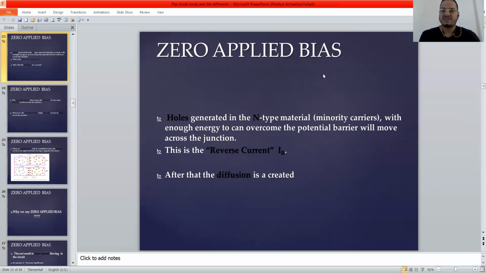IR is the current created because the holes generated in the n-type material, which are minority carriers, with enough energy can overcome the potential barrier in the depletion region and can cross this junction. That means IR relates to everything involving minority carriers from n to p.